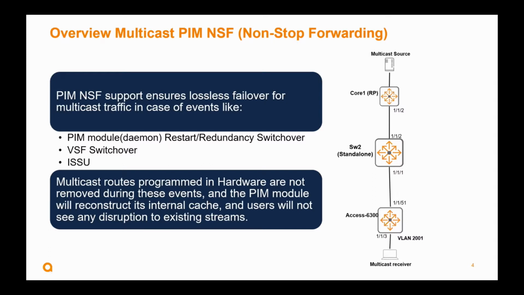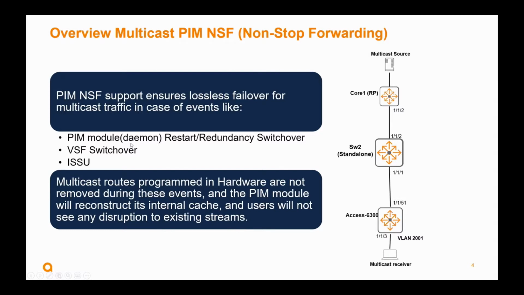And we use the route entries that were programmed to continue forwarding the multicast stream across, while the PIM module reconstructs its internal cache, and the users will not see any disruption to the existing stream, right?